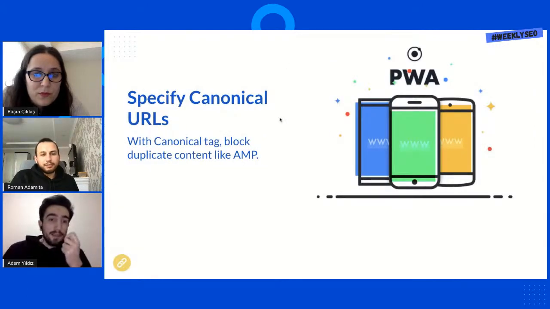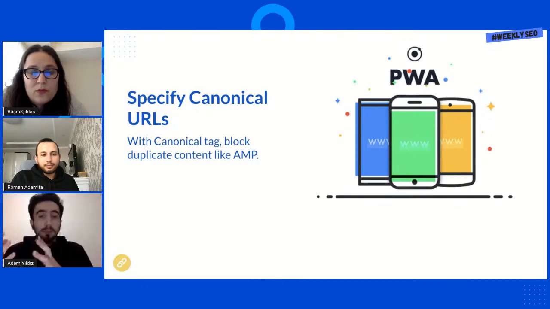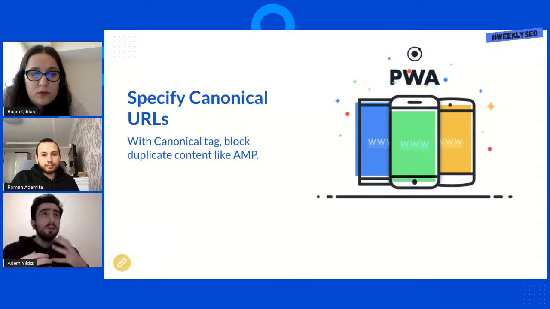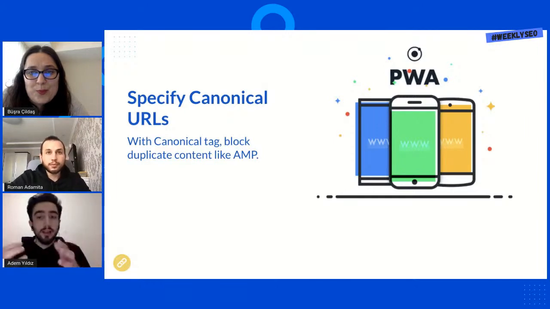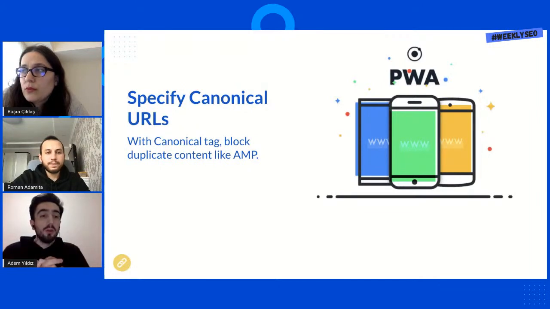Another issue comes from AMP: each of our pages must have a canonical tag. Our AMP page should have a canonical tag pointing to our regular simple page on desktop, so that we can block duplicate content and search engine bots can focus on our main source.